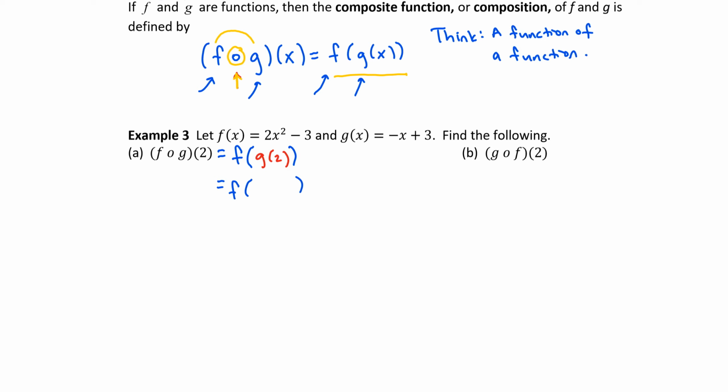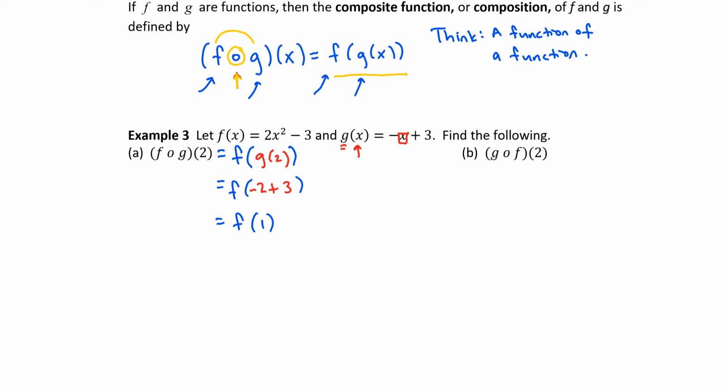Now, you know what that means, right? It's instructions encoded in the language of math. It says, go to the function g and plug in 2 for x everywhere you see an x. So g of 2 is negative 2 plus 3. Let's evaluate that. We get f of 1.